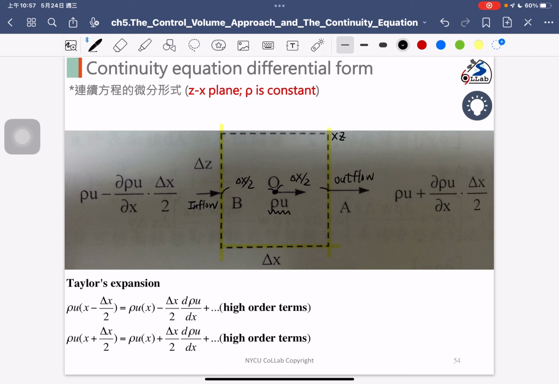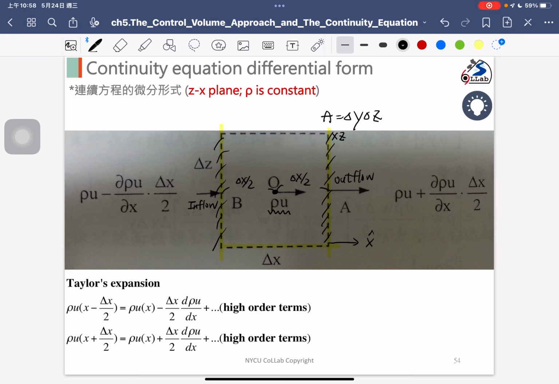You can see the area at the boundary is delta y multiplied by delta z. This is the cross-section area, right? Because right now we are considering the x direction, the cross-section area for the outflow and the inflow, A, is delta y multiplied by delta z.